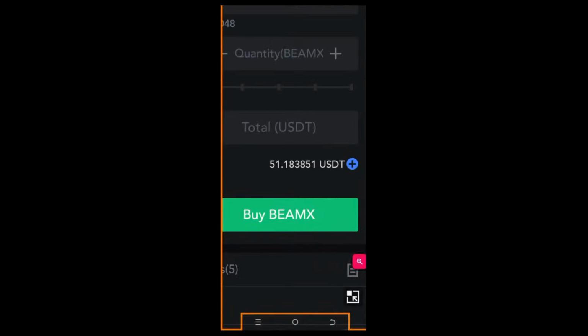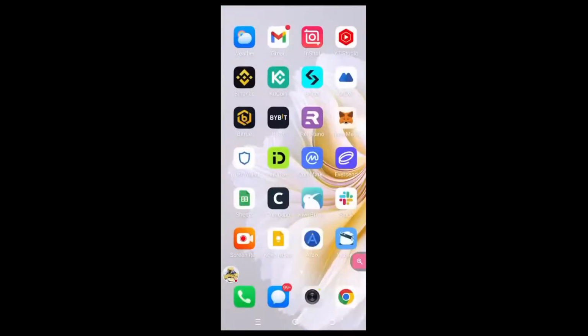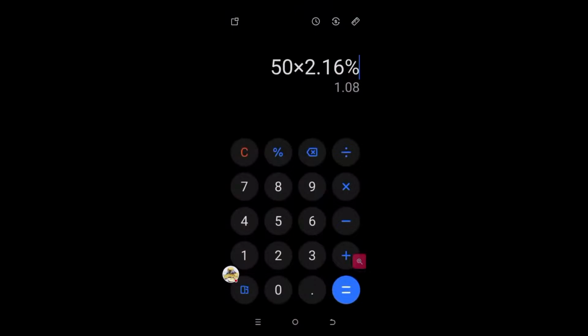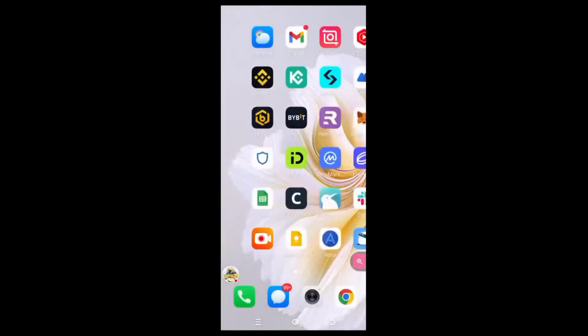We have $1.18, and that is 2.36%, if my brain is not failing me. Let me check that out. Yes, I'm correct. I remember it from one of the trades I did earlier. So that's 2.36% that we got from MEXC.